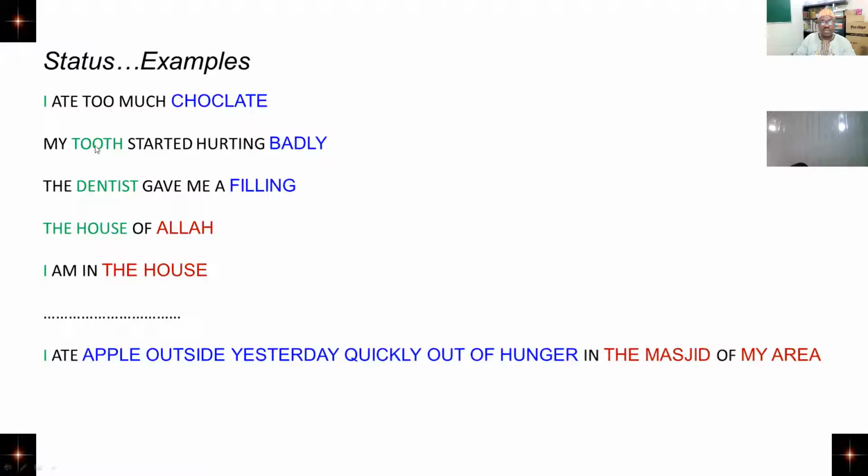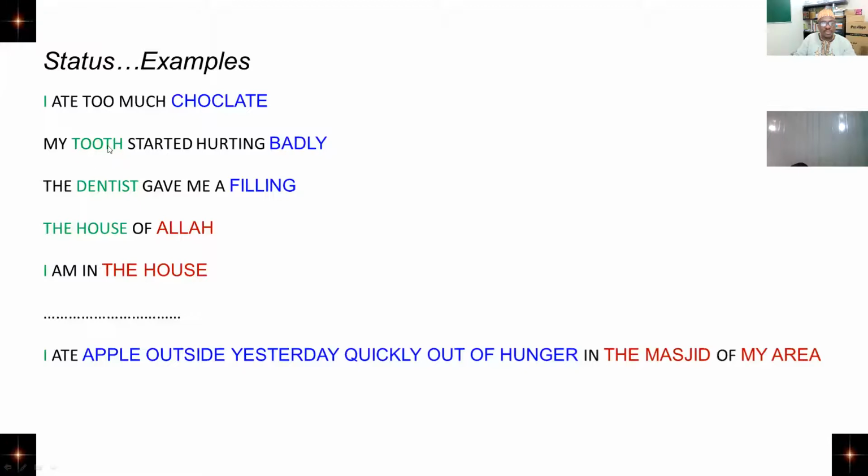So it's the subject, this is the object. So here you can say this is in Rafa status, whilst this is in Nasb status. Why? Because this is the subject, okay, and this is the object. So this will be in Rafa status, and this will be in Nasb status. Good. My tooth started hurting badly. Now note, what started hurt? So what did this action is this tooth.